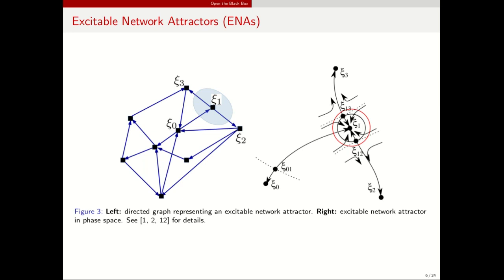So let's imagine to zoom into this area of the excitable network attractor, and what we can find in phase space in a real application might be something like this in the right picture.